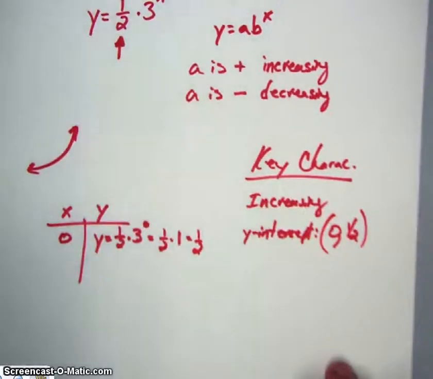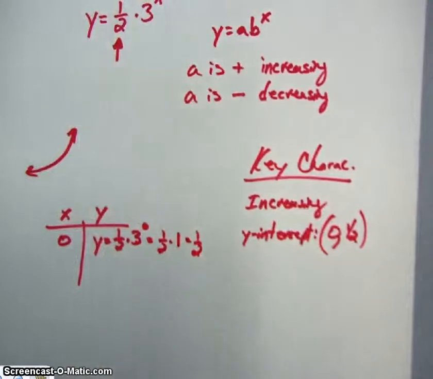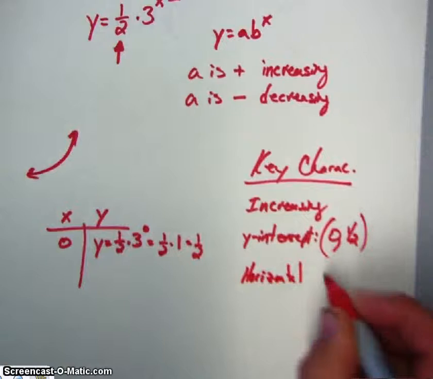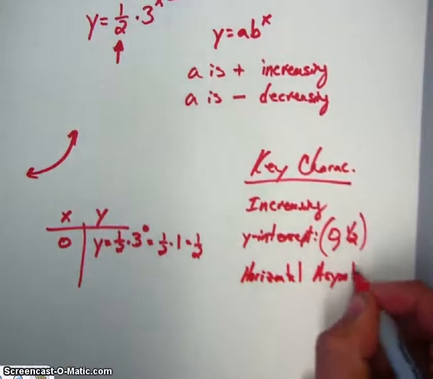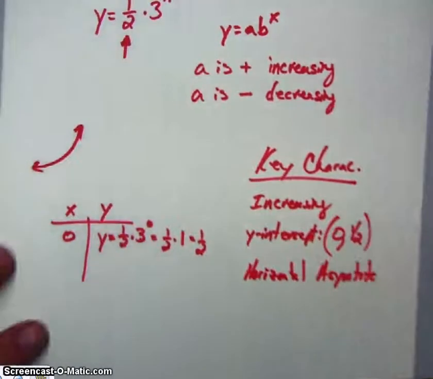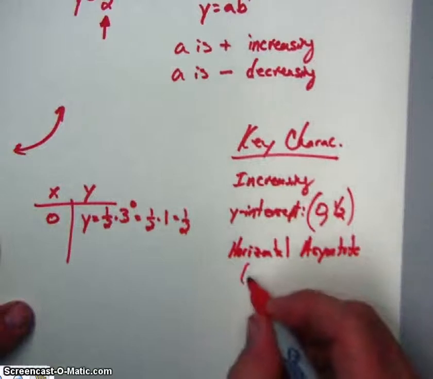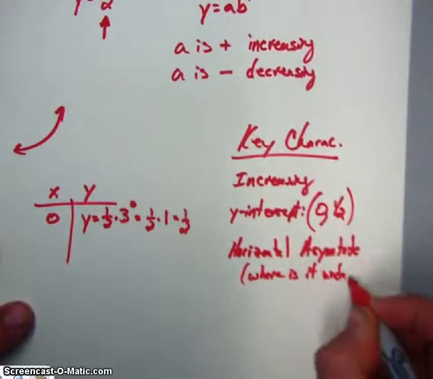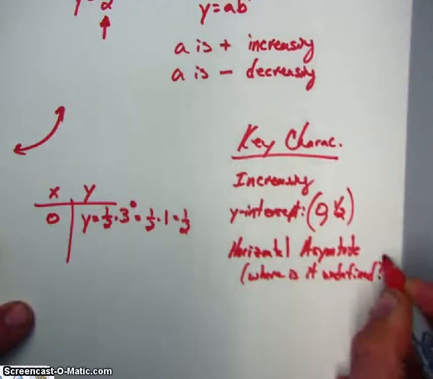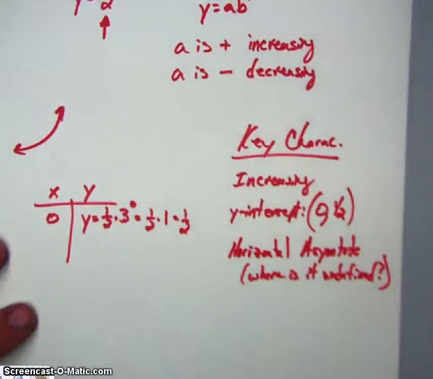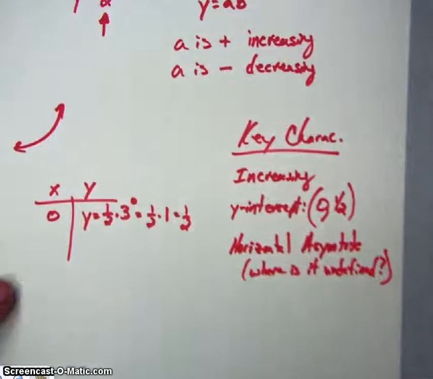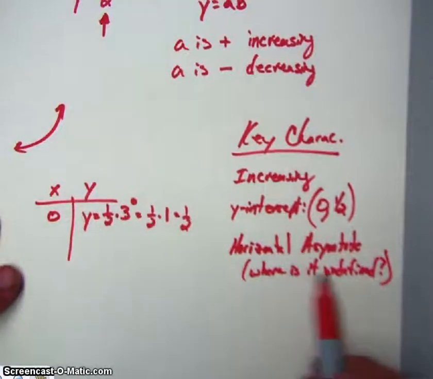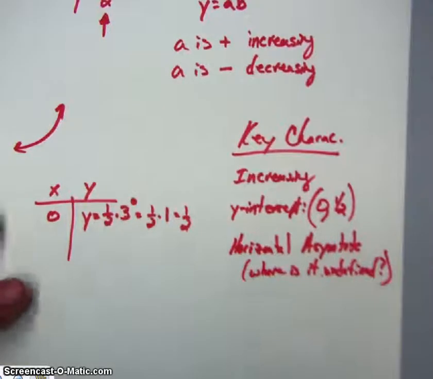And now my third characteristic is, where is my horizontal asymptote? In other words, what it's asking is, where is it undefined? Right now, probably the easiest way of figuring this out is to graph with what we do have.